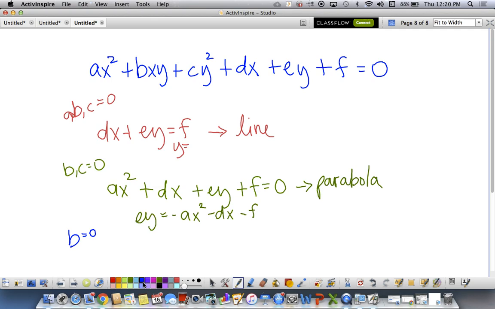So think about it. We all do this. But that's a coefficient. Well, it would still be a parabola. Parabolas only have one thing squared.